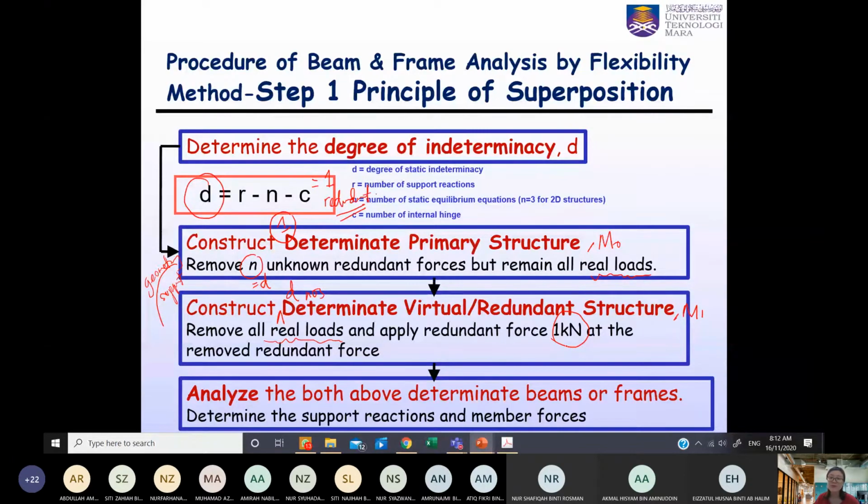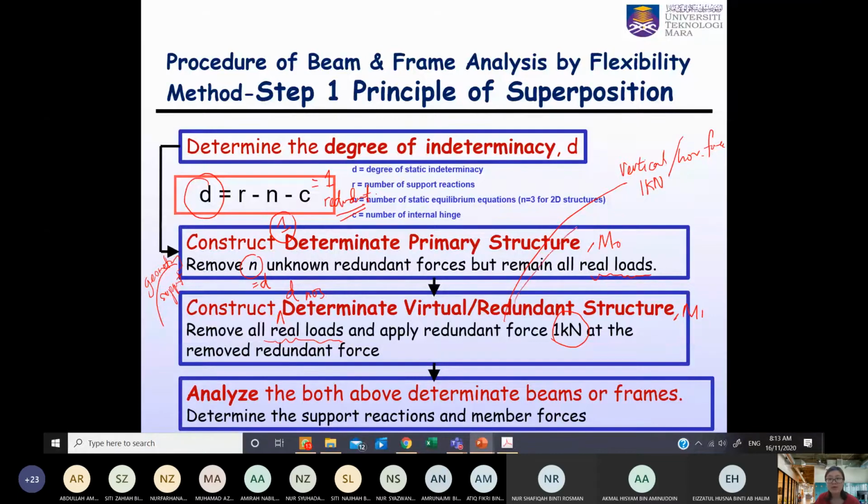If you took out a vertical or horizontal force, then you apply a 1 unit force in the same way as your real structure, let's say 1 kilonewton.